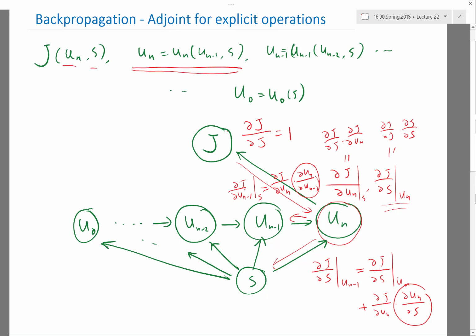Finally, what we are going to be computing is partial j, partial u0 over here, right? And then partial j, partial s, assuming u0 is constant. This is done by accumulating all of these derivatives, assuming u1 is constant, plus partial j partial u1 times partial u1 partial s, right?